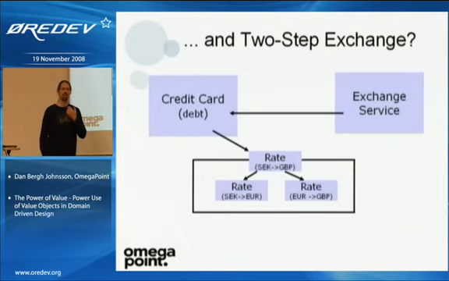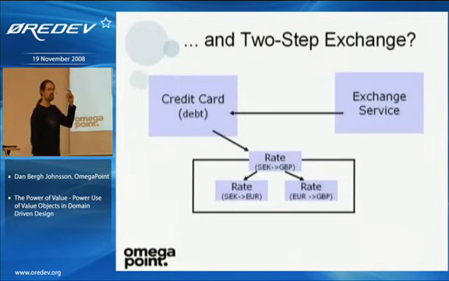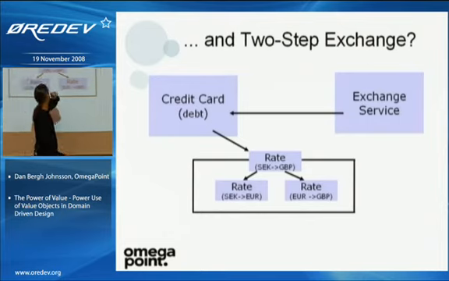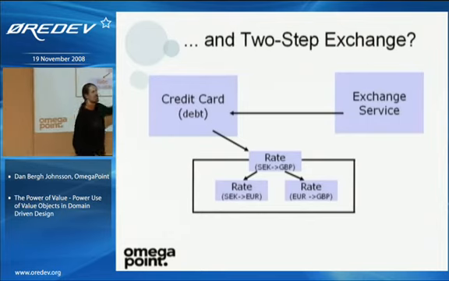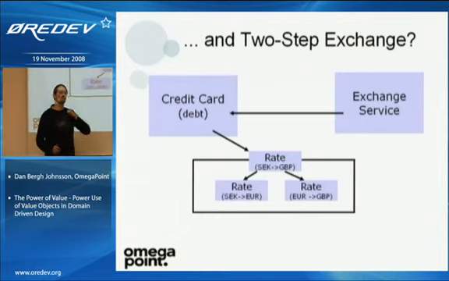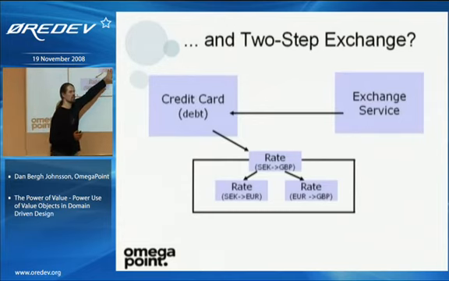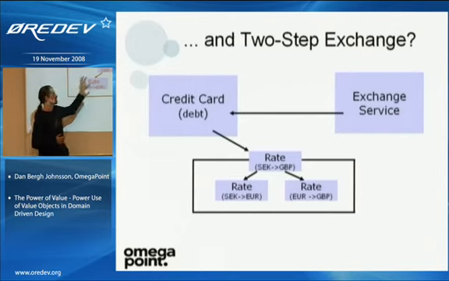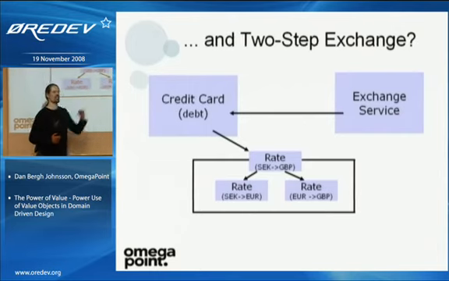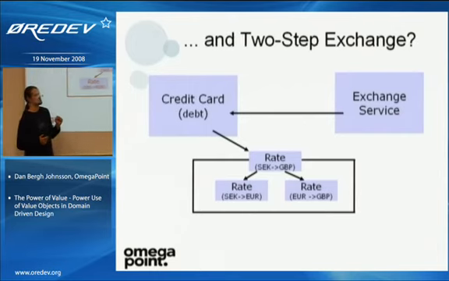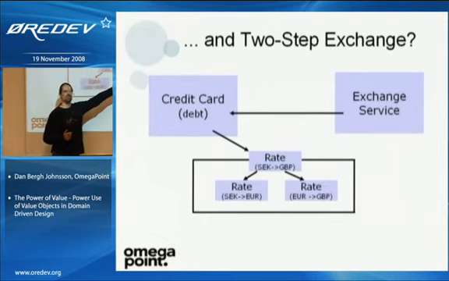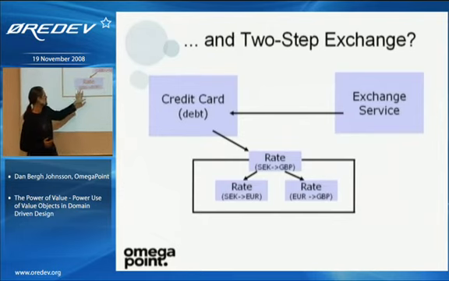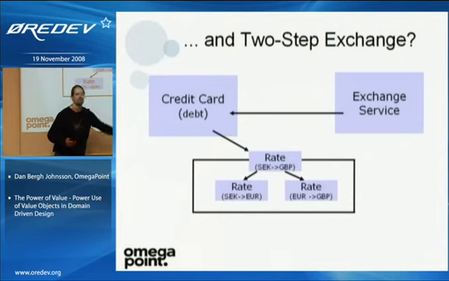And as we now have got an interface, we can use this to perform a two-step exchange. So if we want to go from Swedish krona to Great British Pound, we will return an intelligent object that under the hood consists of two pieces, two simple rates. So exchanging from Swedish krona to Great British Pound is going from Swedish krona to euros, and from euros to Great British Pounds.